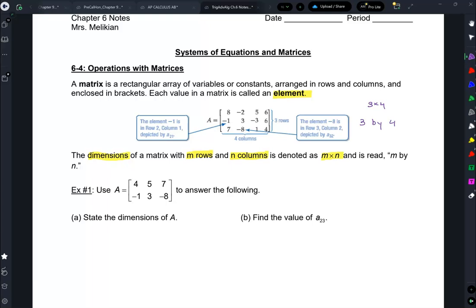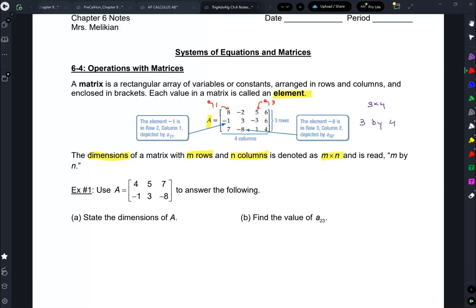So the way you name a matrix is with a capital letter. So this one, for example, is matrix A. And then each element inside will be labeled little a, and then the place where they sit. So first row, first column. So this one is little a, first row, third column, a1,3.